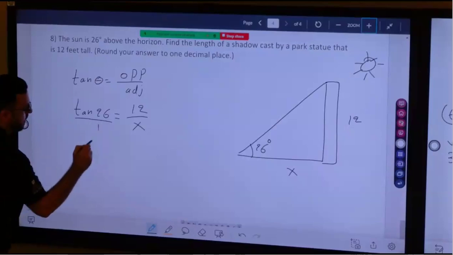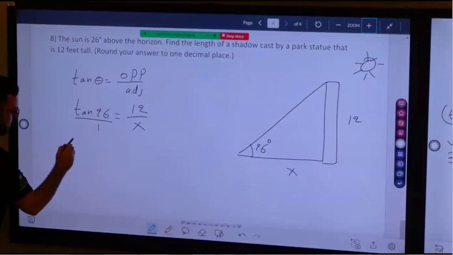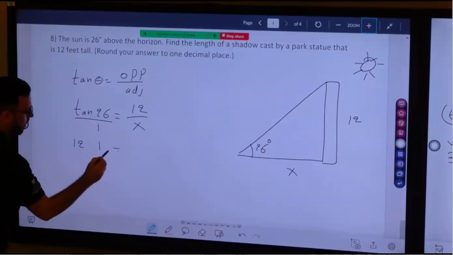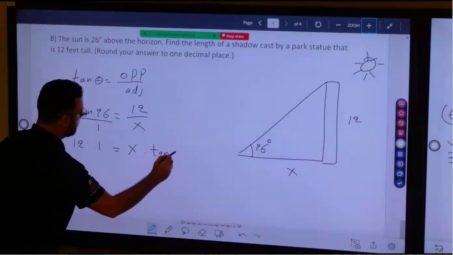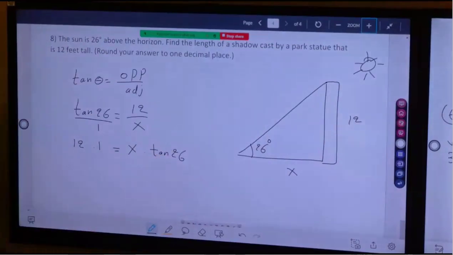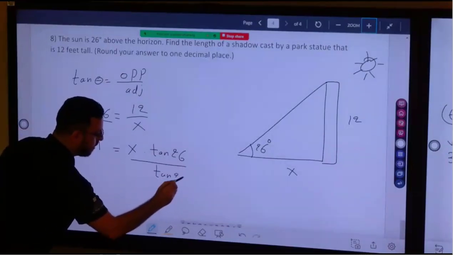Divide this one by 1. Next step. So 12 times 1 equals x times tangent 26. Next step, divide by tangent 26.